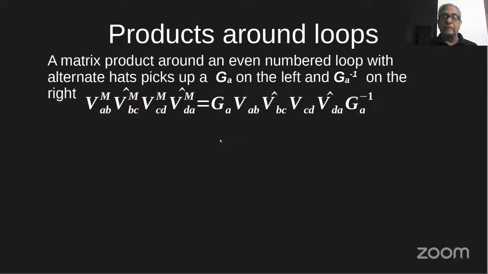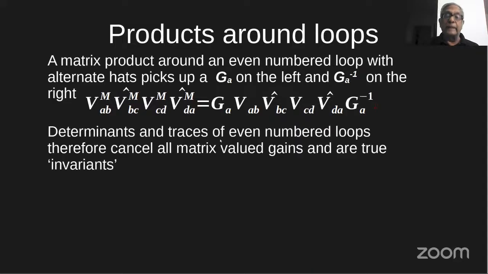However, what you can do is that if you take the determinant, then you're allowed to move things around. The determinant of a product of matrices is the product of the determinants, and it's just a product of complex numbers. So if you take the determinant, these two get cancelled.